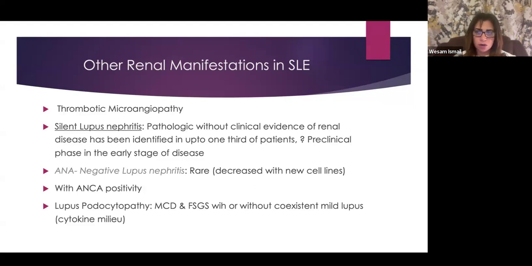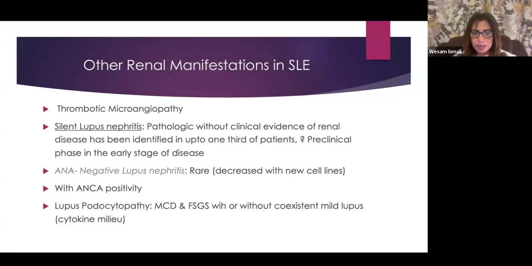We're actually now suffering from overestimation of lupus, and a lot of patients are ANA positive because of the new cell lines. So be very careful before you decide that you can have an ANA negative lupus nephritis. It occurs, and follow up these patients before you decide that they are lupus.